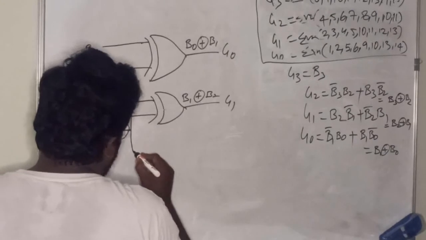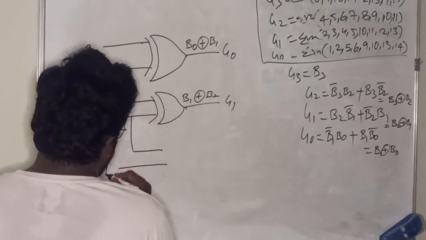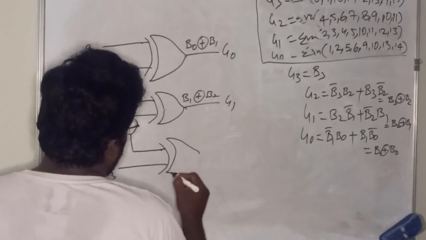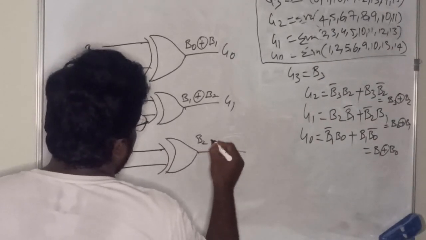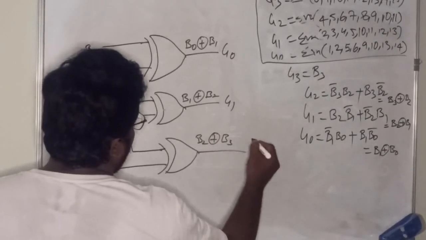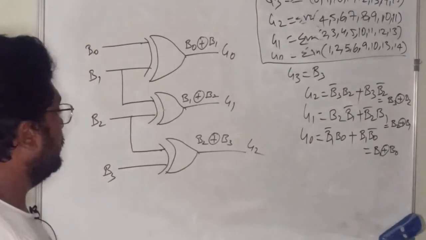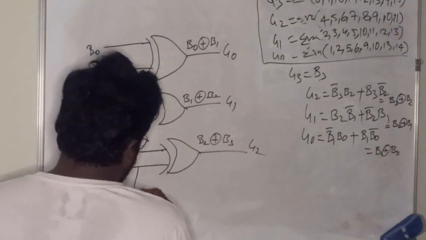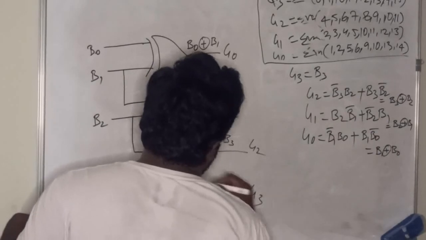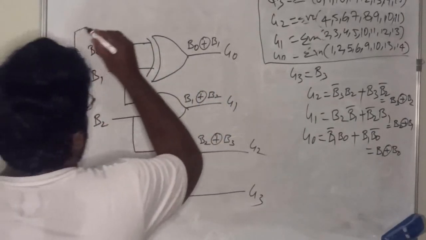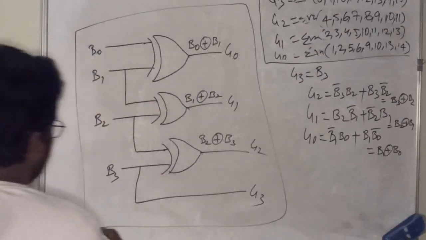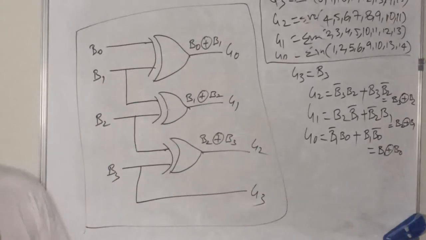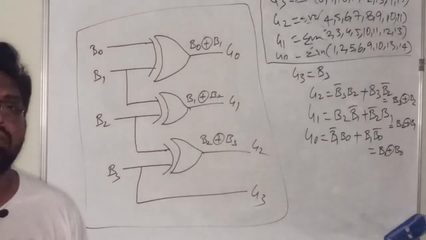So this is B3 and B2, XOR, and this is G2, and finally G3 is equals to B3, right? So this is G3. So this is the combinational logical circuit that we have obtained from the minimized Boolean expressions that we have obtained from the K-maps.